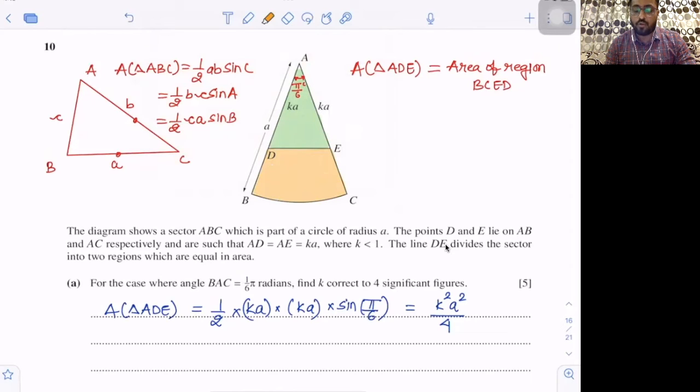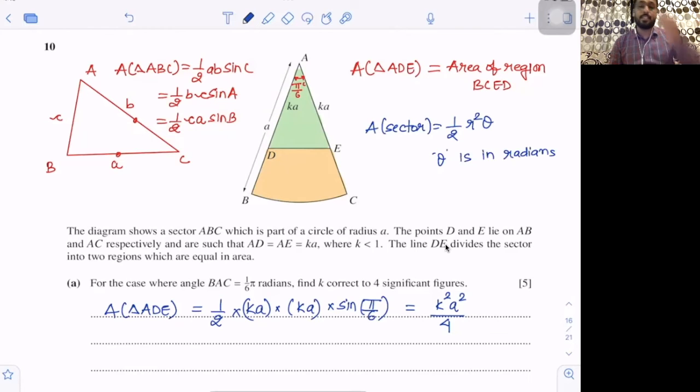Students, what's the formula for area of the sector? So area of the sector is given by half r square theta. Theta is in radians. Theta must be in radians. Half r square theta, right? I know the radius is A, isn't it?